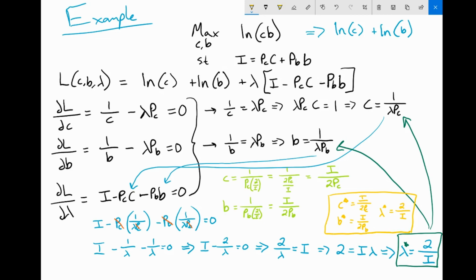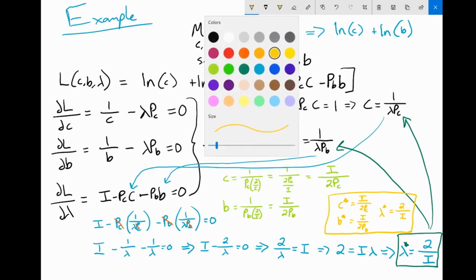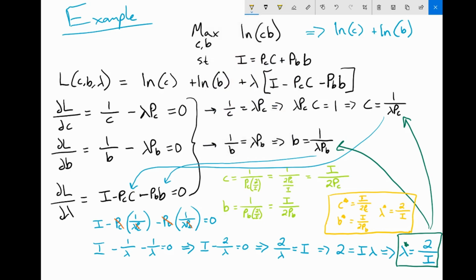We have found the value of C, B, and lambda that maximize utility. If I wanted to say, how many cups of coffee will the agent buy? Well, this many cups of coffee, because that's the amount of coffee that maximizes their utility. If I asked, how many bagels will they buy? Well, this is the number of bagels that they will buy, because that's the amount that maximizes their utility.